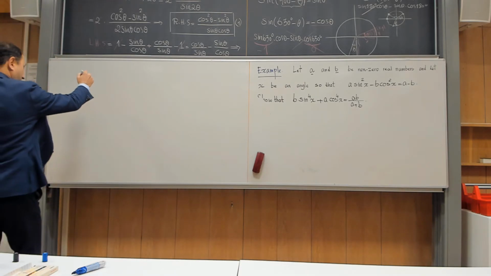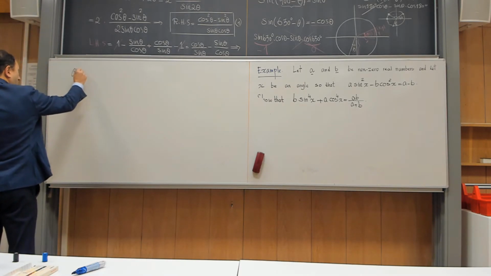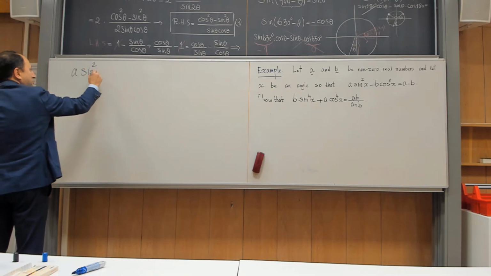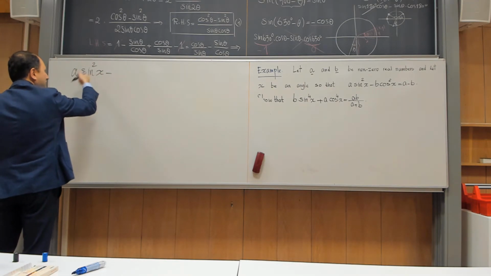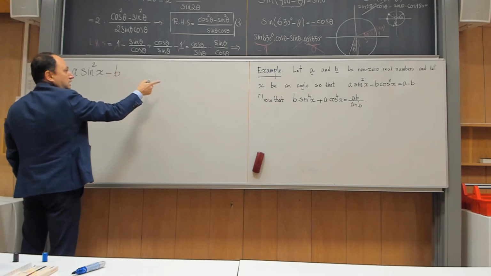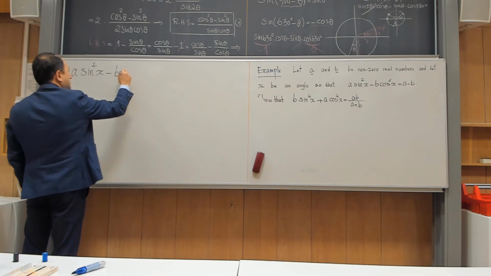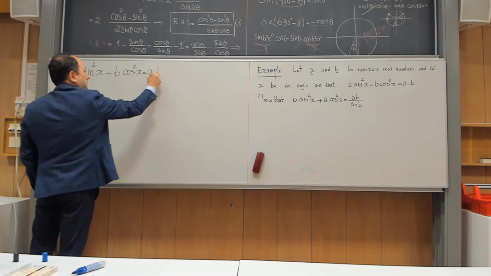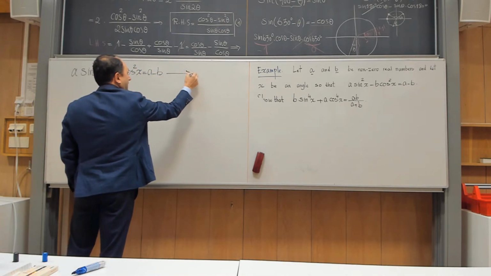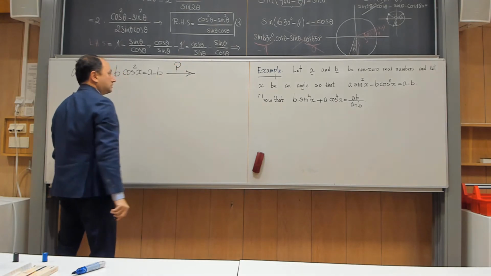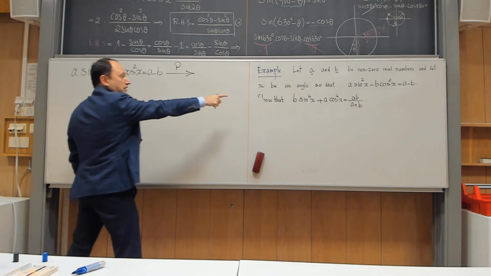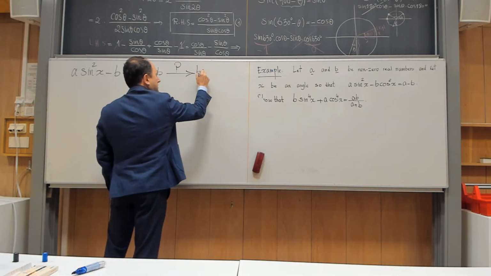Let me just write things in front of you. So I know that. How do I know? I don't know myself. The person who has designed the question says that if this is true, you need to prove that this one is also true. So it means that I can write it in this way. I can put an arrow here with a question mark. From here, and my mathematical knowledge, I should want to show that this is also true.